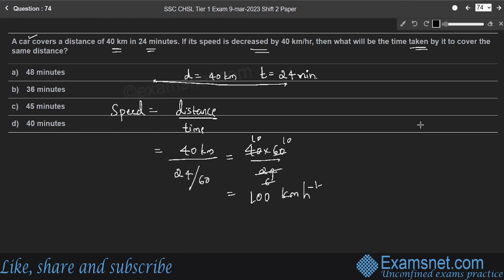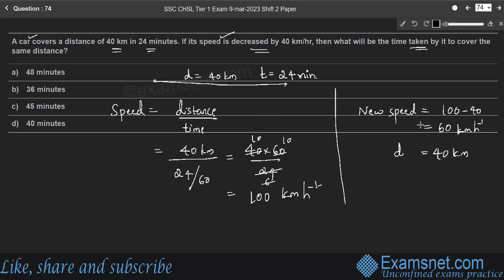Speed of the car at first is 100 kilometer per hour. In the second case, when the speed is decreased by 40 kilometer per hour, the new speed becomes 100 minus 40, which is 60 kilometer per hour. And the distance is the same, D is 40 kilometer.